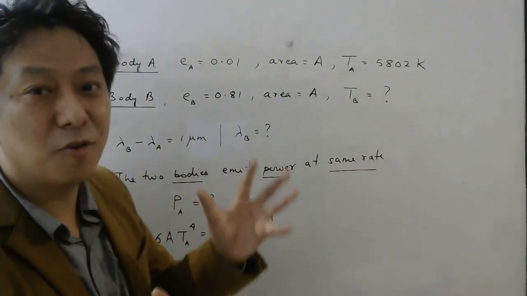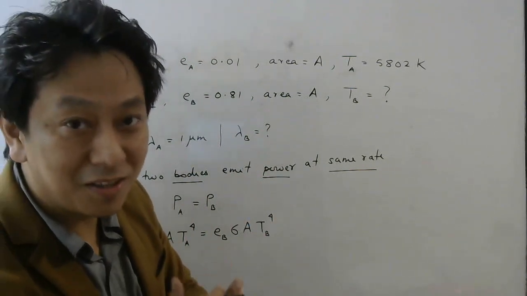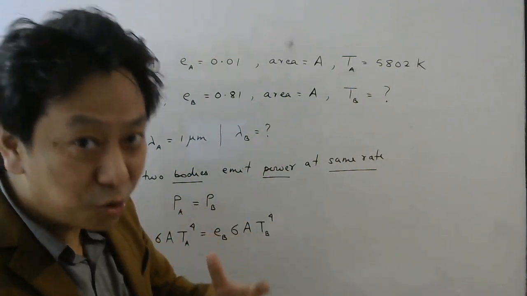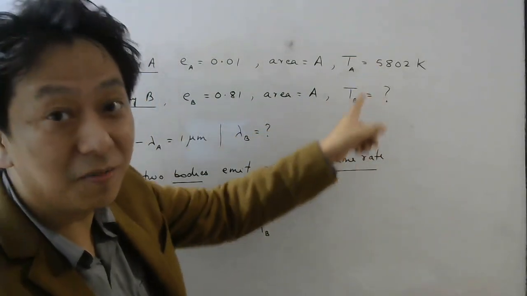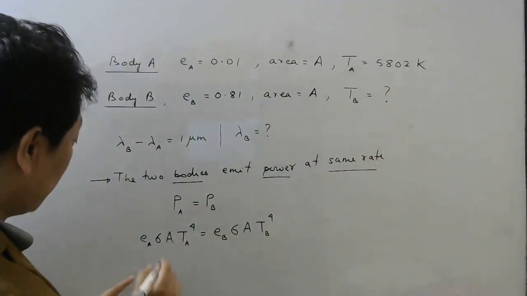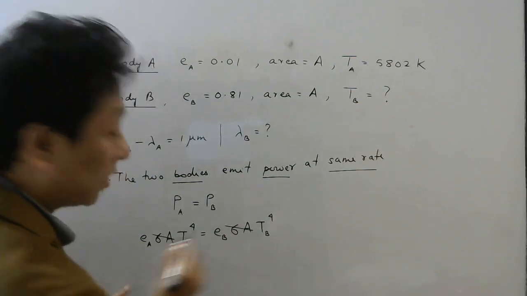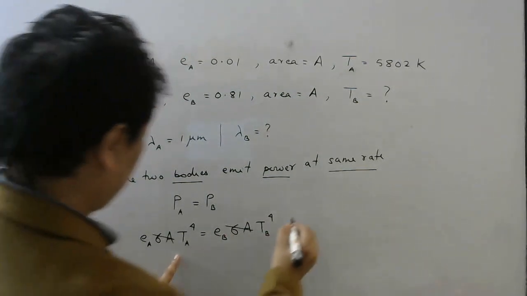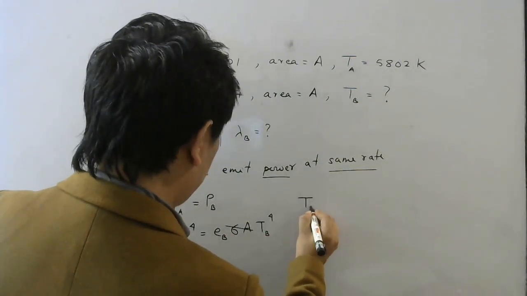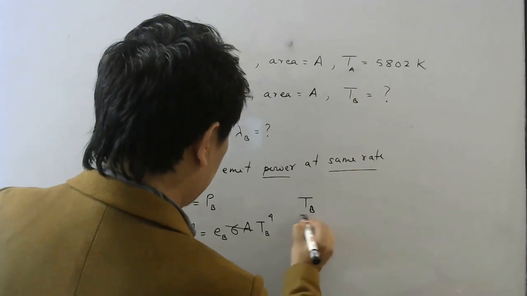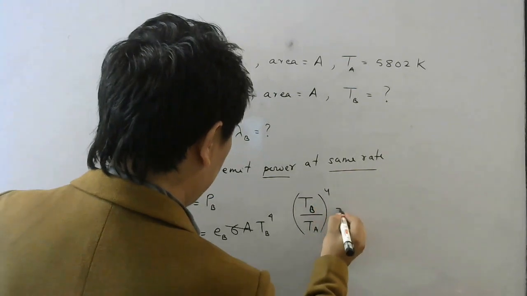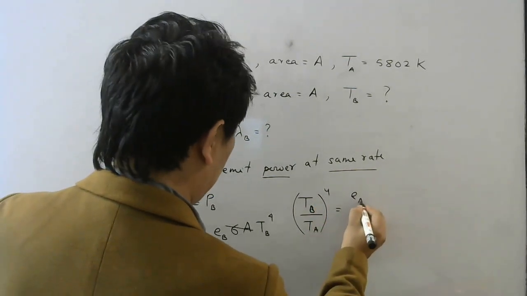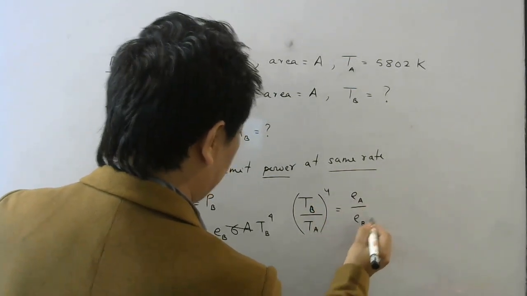Here they have not mentioned the surrounding temperature, so I am assuming surrounding temperature is very small compared to the given temperature. So the constants will cancel, right? And therefore you will get temperature of B divided by temperature of A power 4 will be equal to EA divided by EB, isn't it?